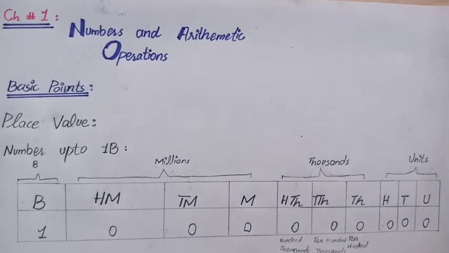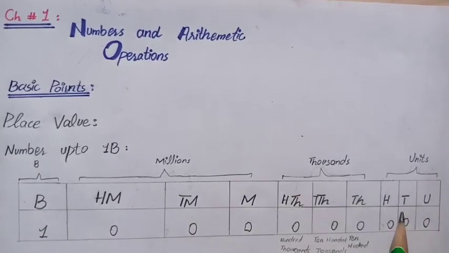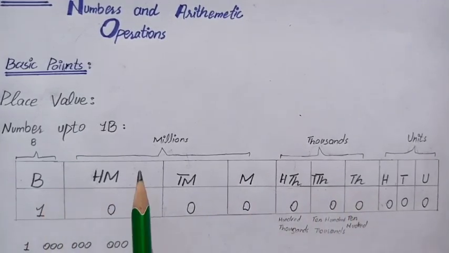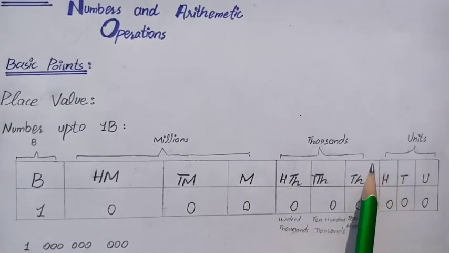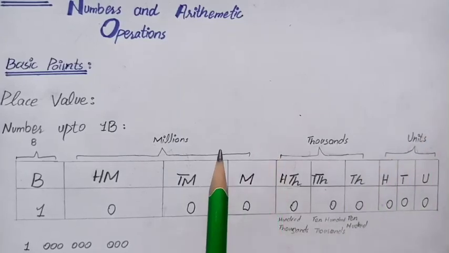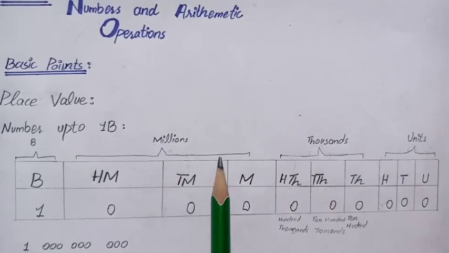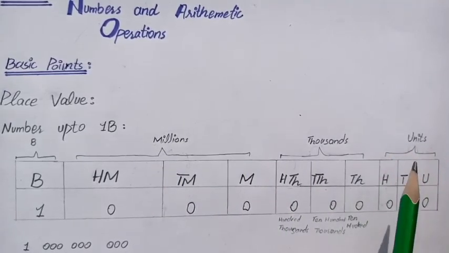Here in this chapter you can learn how to write a number up to 1 billion. This is a very convenient way to write a number up to 1 billion, if we divide it into 3-digit parts. This is the unit part, this is the thousand part, this is the million part, and the unit part has 3 digits.